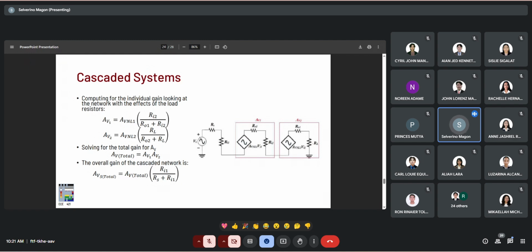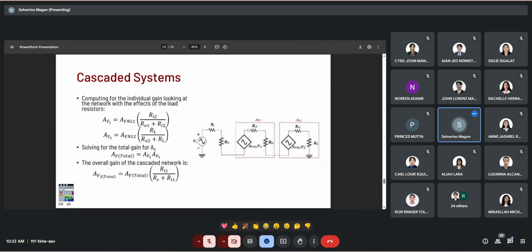Computing for the individual gain, looking at the network with the effects of the load resistors, we have the following. The voltage gain of the first section is AVNL1, and then your input network here, RI and RS, and RI and RO rather. AVNL2 is the RL and RO circuit right here.